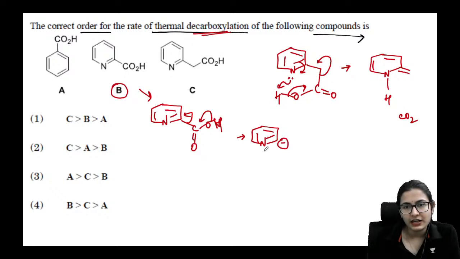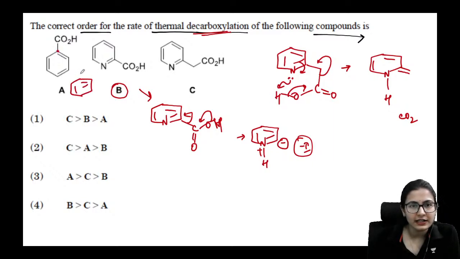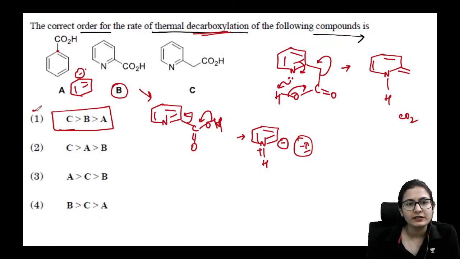There is a negative charge over here and the proton is taken away by the nitrogen. There is no resonance, but because of the minus I effect, it is more stable than A, which is going to just directly have this kind of a carbanion. So that is why this is the order: C is greater than B, greater than A in the decarboxylation. Very, very important.